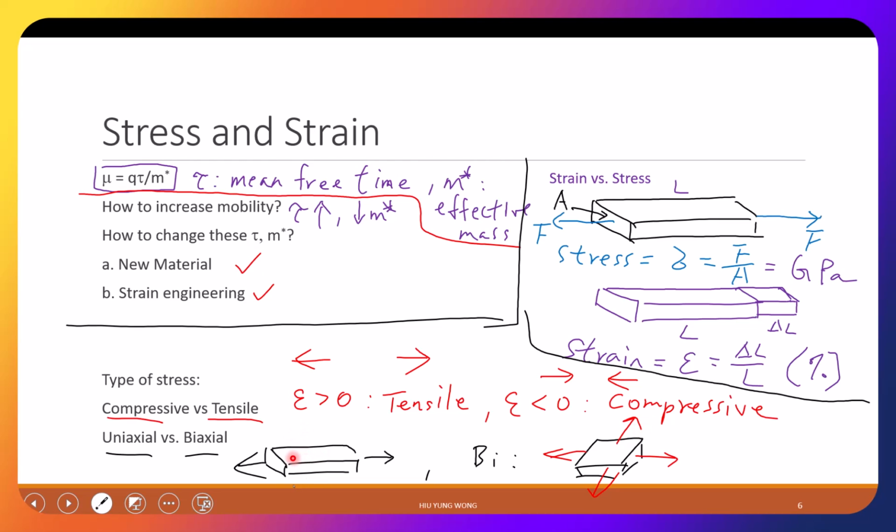If I push this one in uniaxial, the atomic spacing will increase in this direction. How about atomic spacing in another direction? Do you think it will increase or decrease? Some people say it's not going to change, right? Some people say definitely not increasing. Usually it will decrease, right? That's called the Poisson ratio. But you should have this feeling. Give you a rubber band, right? You pull it away, actually it becomes thinner.